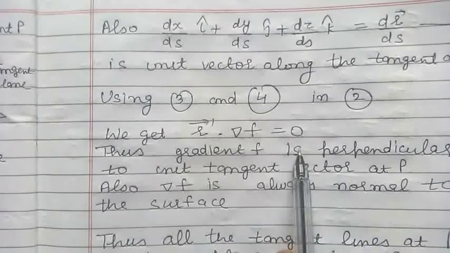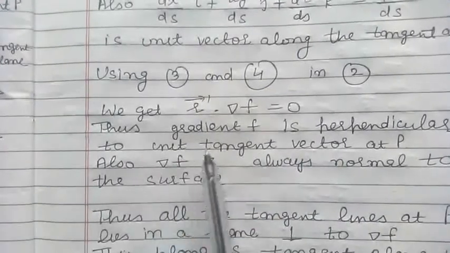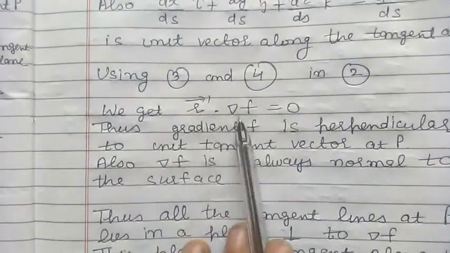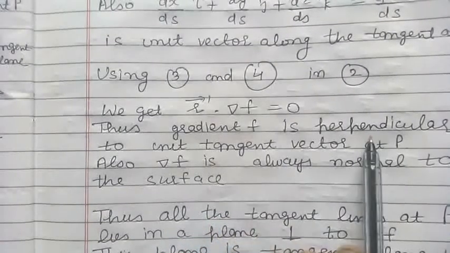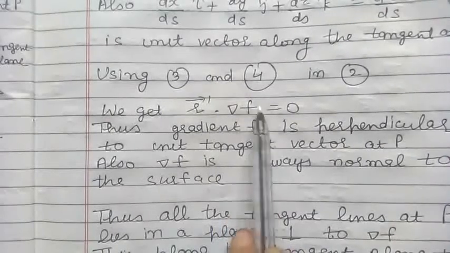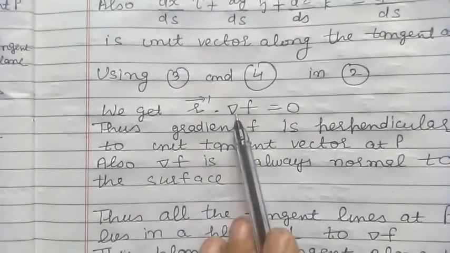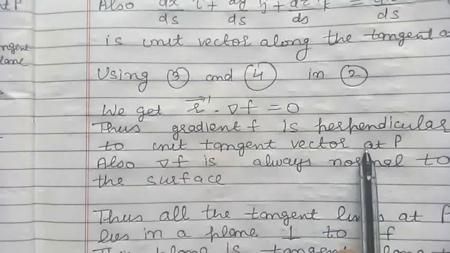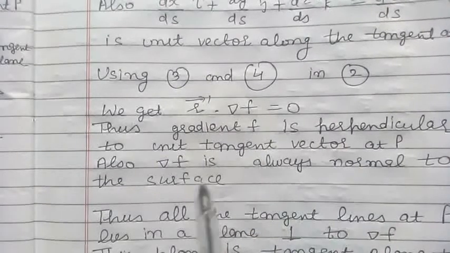Now their dot product is 0, and you know if two vectors have their dot product equal to 0, then the vectors are perpendicular. So here we can say that the vector r dash is perpendicular to the gradient f. These two are perpendicular vectors.